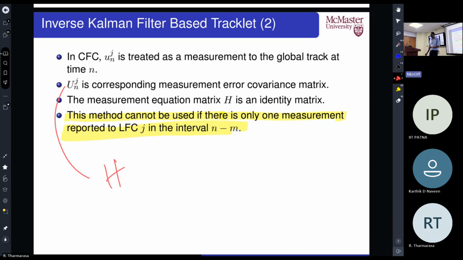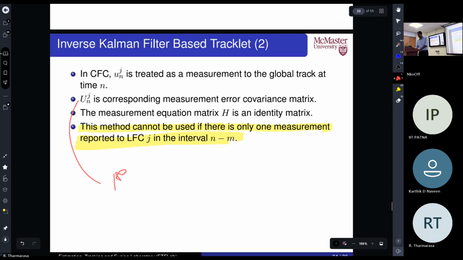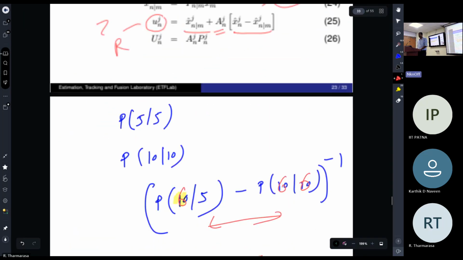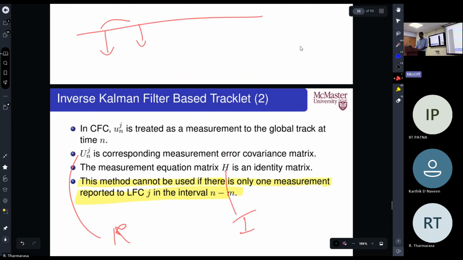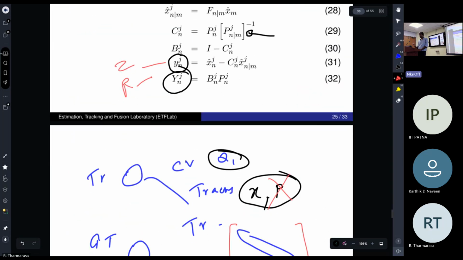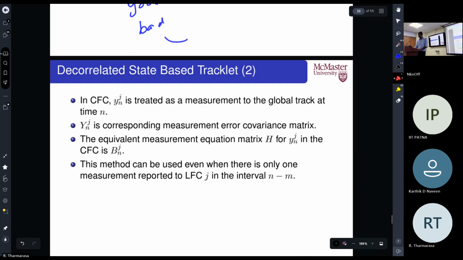So that is R. And H is I. Okay, that's what it says. For this method, this is Z, this is R, and H is I. And similarly for this, H is PA. Okay, so this is H. So different equations have different H and different Z values.